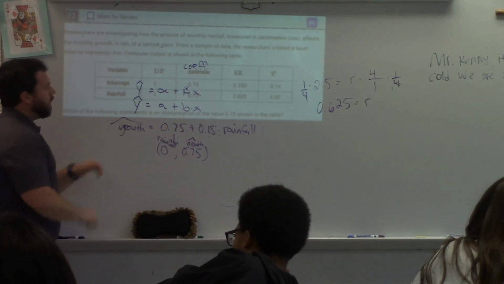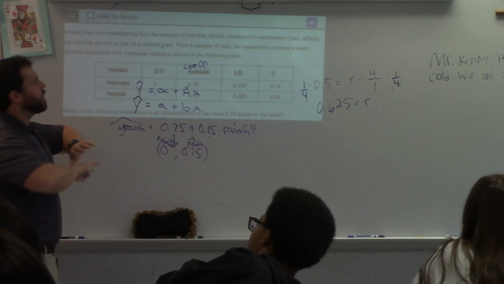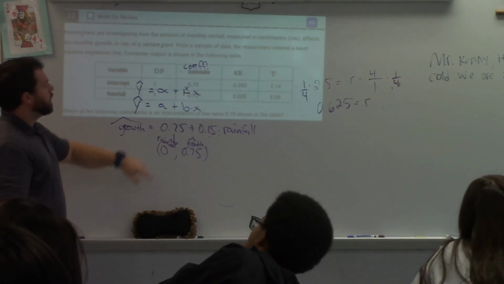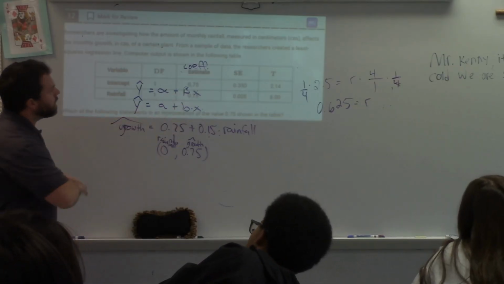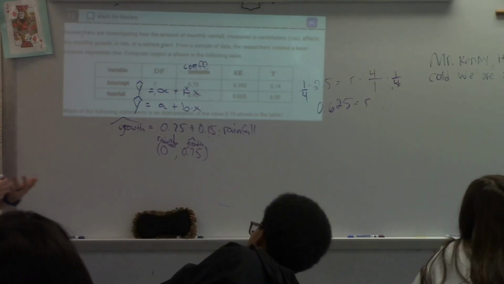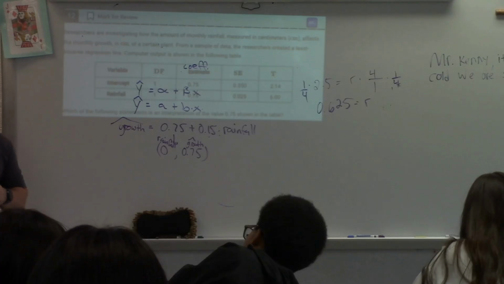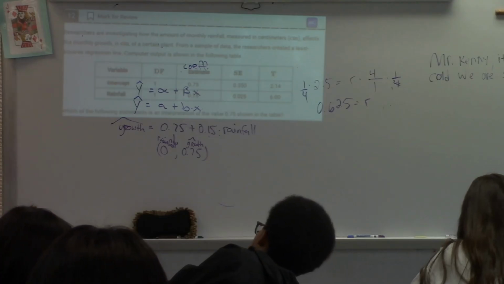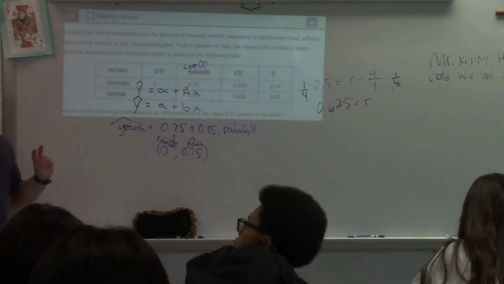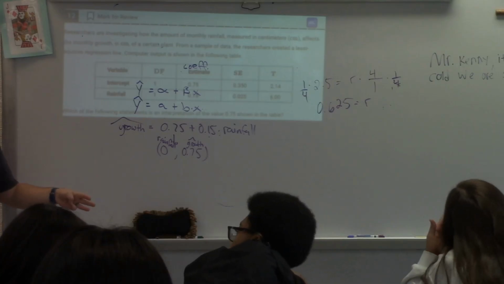So alpha would be the y-intercept for the entire population. The beta would be the slope for the entire population of that plant. A and b are estimates of alpha and beta. That's why. That's a good question. Excellent. So we'll talk more about why it's called an estimate in 3 units.